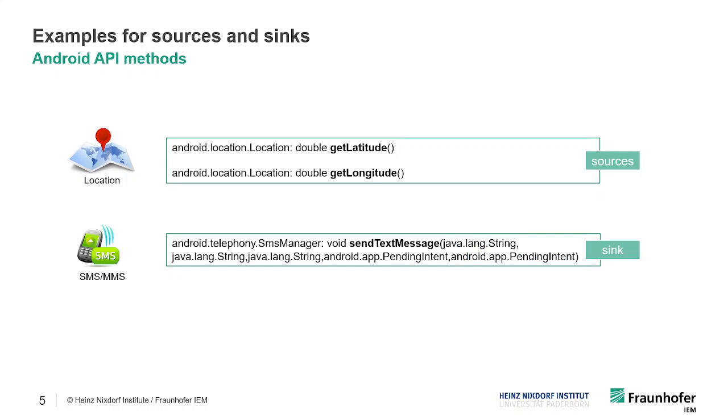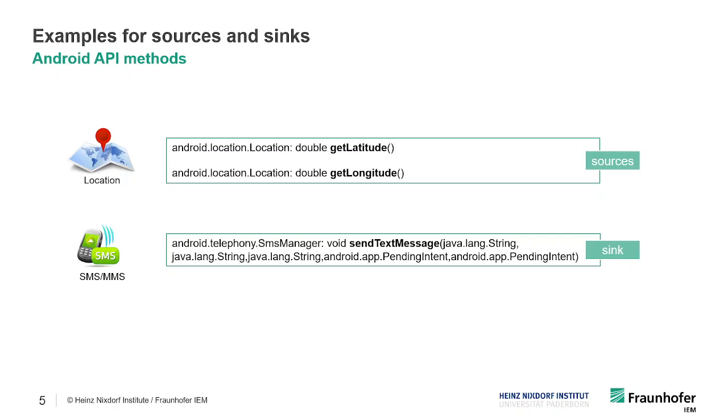An example for a sink is here the standard API to send a text message from the SMS manager, which, as you see, gets several parameters, and one of these string parameters is actually the message that will be sent.